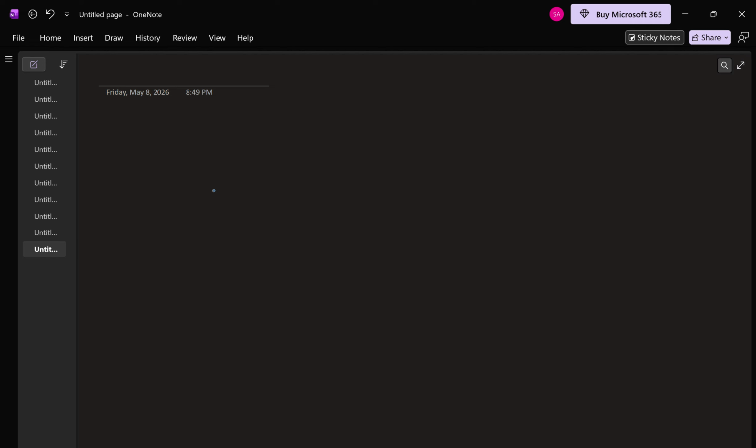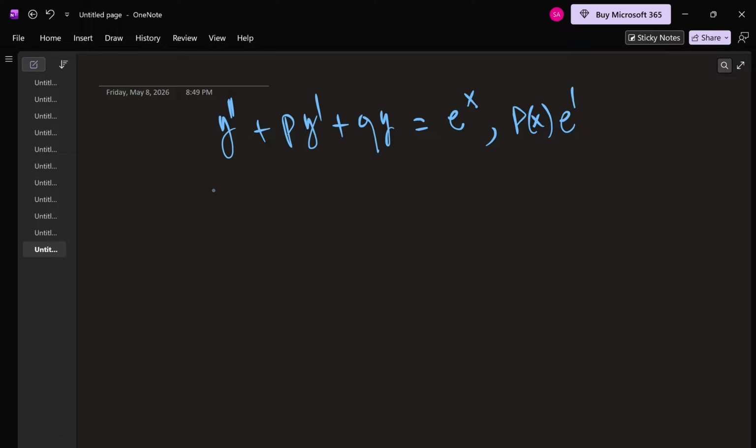If you have an equation like this, y double prime plus p times y prime plus q times y is equal to some function like exponential x, or some polynomial P(x) times exponential kx, or some combination a cos x plus b sin x, times exponential of some number L times x.